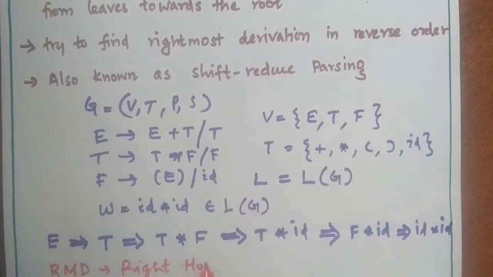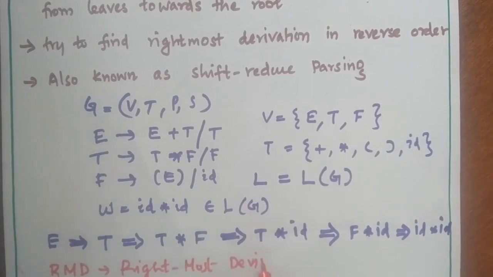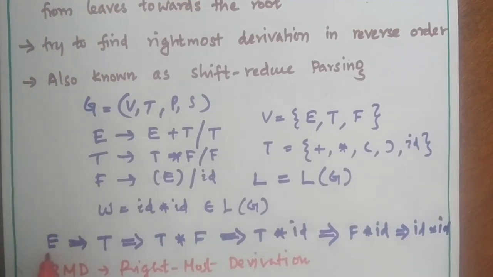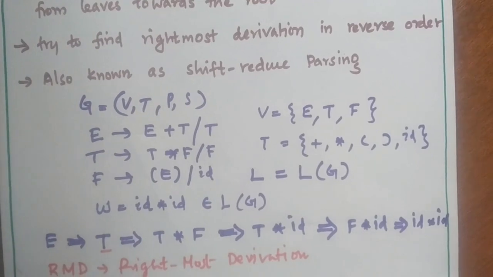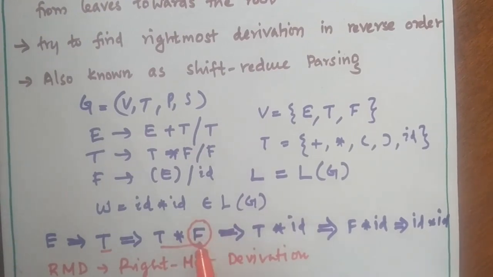Rightmost derivation. First, E is expanded by T, then T, the rightmost, is expanded by T star F. Then we know that F is the rightmost non-terminal, so F is expanded using ID.